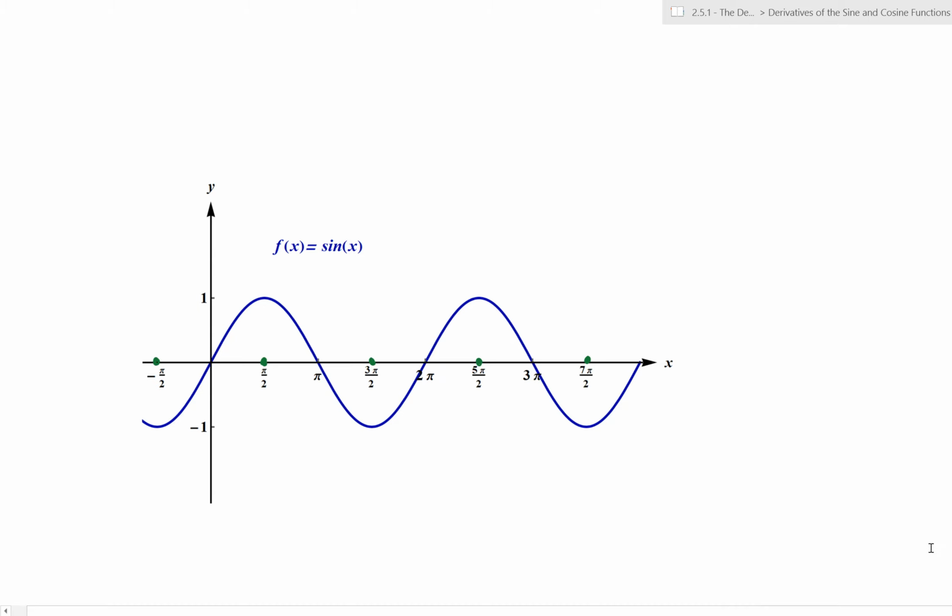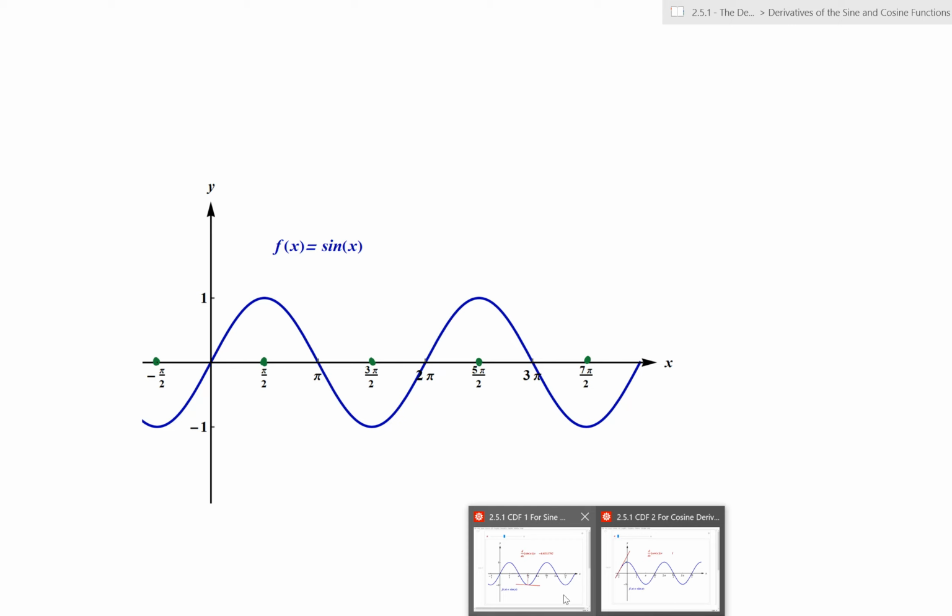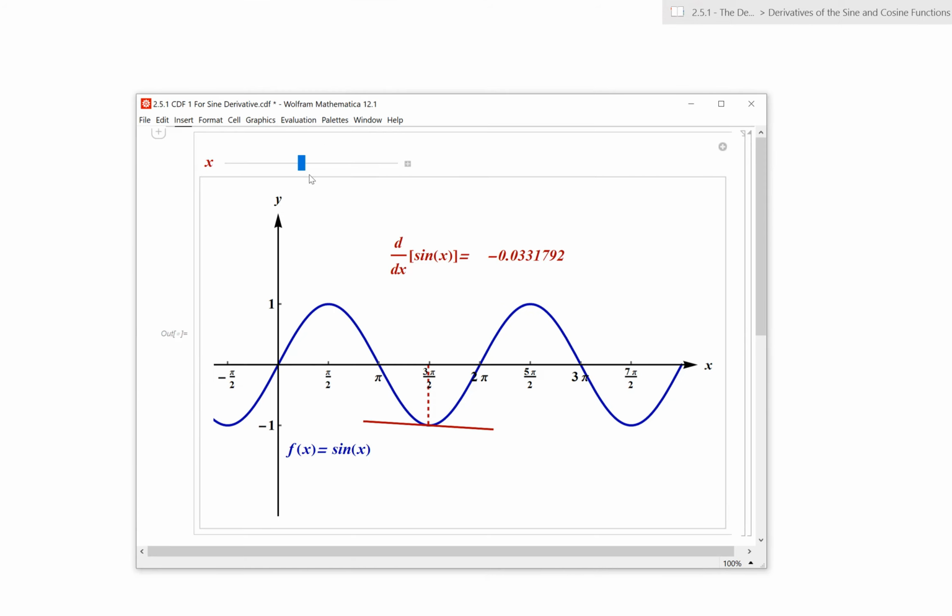So what is this function that we're after here, the derivative of the sine function? Going back to the figure, another thing we want to take notice of is where this derivative of sine seems to take on its biggest and smallest values. Let's go all the way to the left. We know that at negative pi over 2, we have a slope of 0.